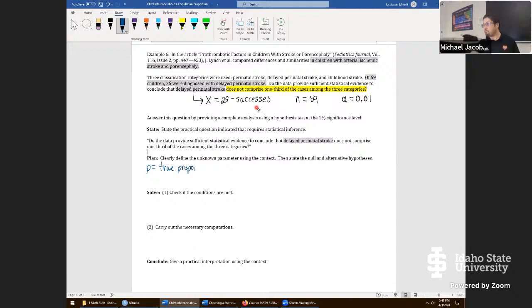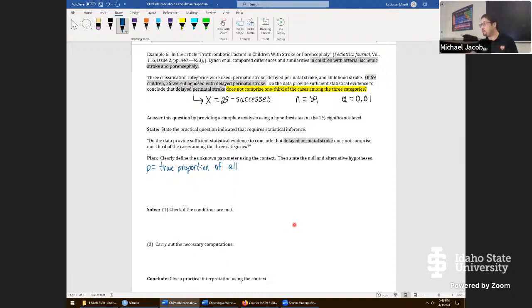proportion of all, well, beyond all, we're essentially just mentioning the population, and the population is children with arterial ischemic stroke and porencephalopathy. So let's write that down. This is a lot of writing. Apologies for that portion of the problem.